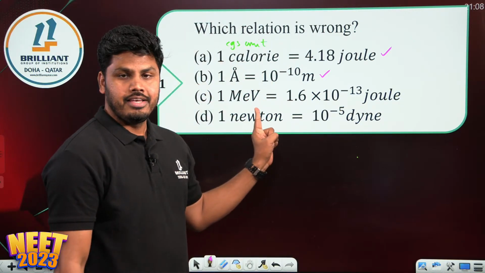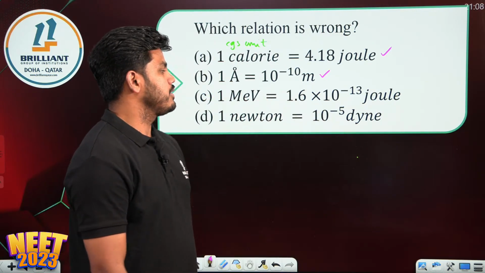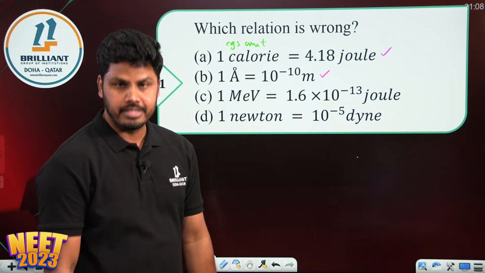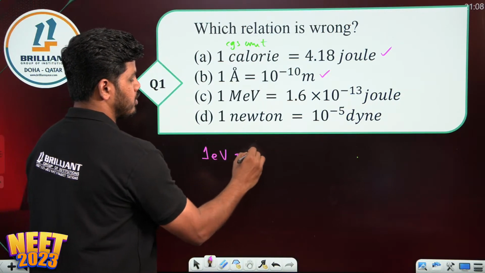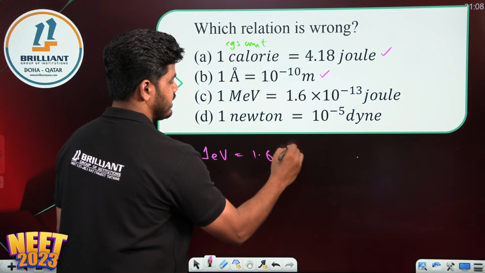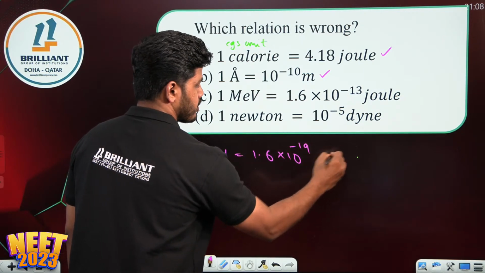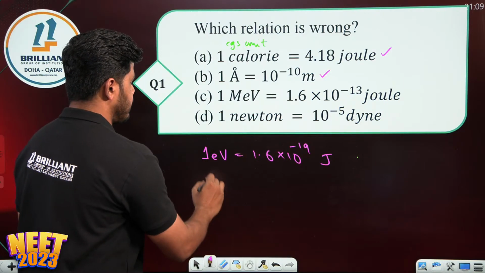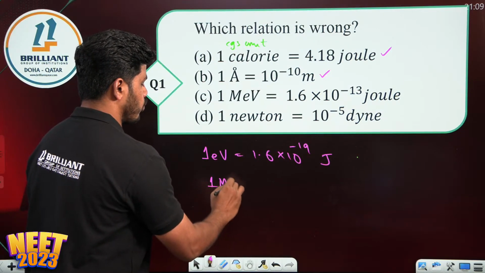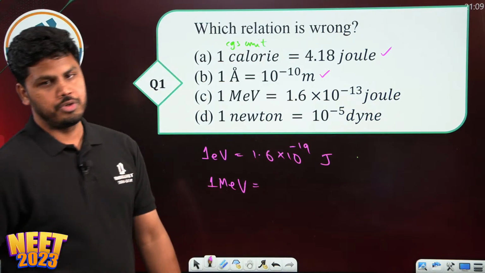Option C is 1 MeV is 1.6 into 10 raised to minus 13 joules. We know 1 electron volt is equal to 1.6 into 10 raised to minus 19 joules, but here you are given MeV. MeV stands for mega electron volt, a unit of energy.